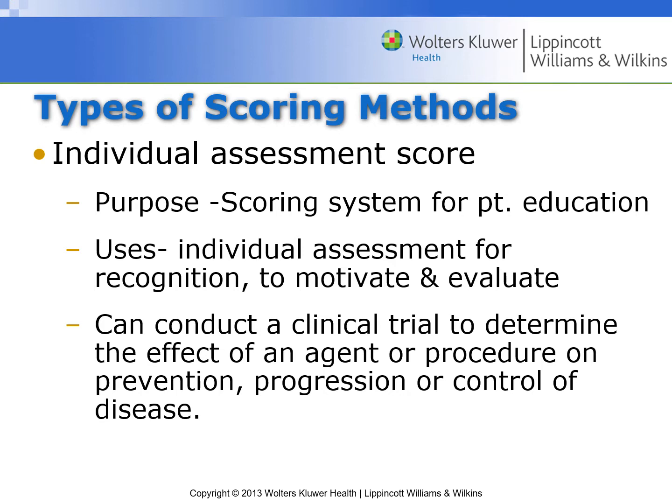We have an individual assessment score whose sole purpose is for patient education, and you can use it for the patient to be able to recognize what's going on, for instance, with plaque, to motivate and educate, and also evaluate. So you can conduct a clinical trial to determine the effect of a particular agent or procedure on prevention or the progression or control of disease.